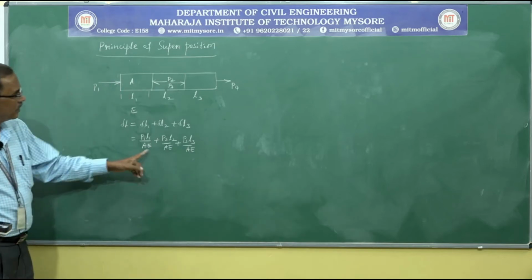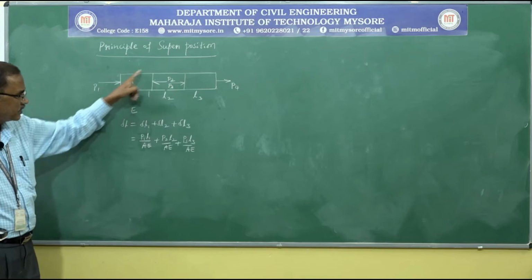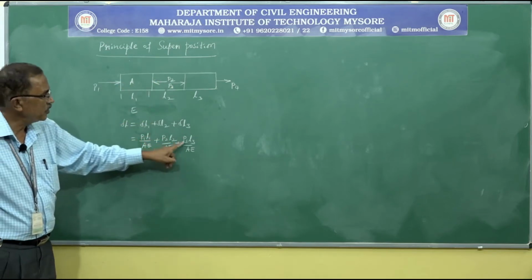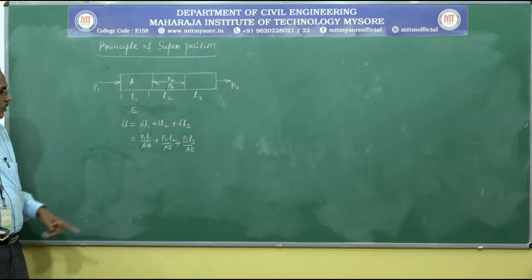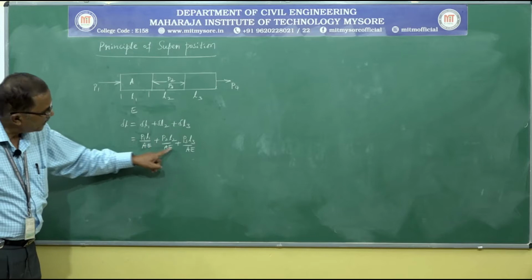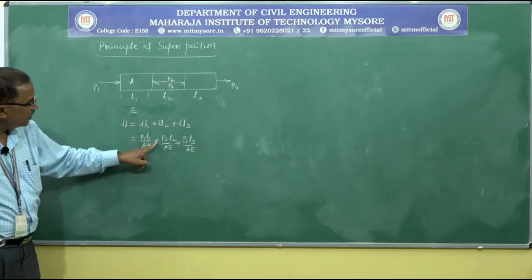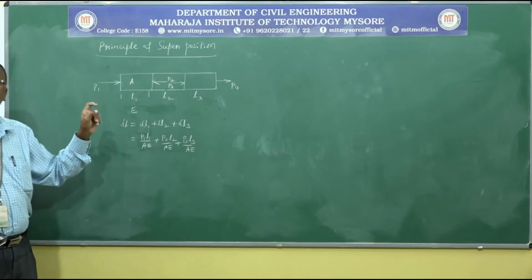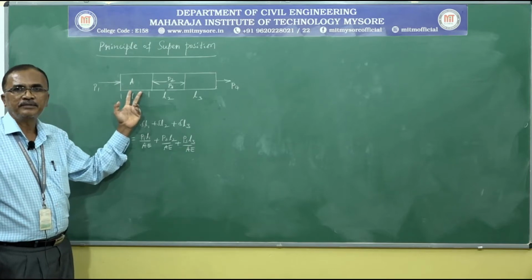Here A and E are constant because the bar is of the same material and the cross-sectional area is the same. The only changes here are the loads P1, P2, P3 and the lengths L1, L2, L3. Of course, I have written this as a general expression, so the sign convention of these expressions will change depending upon the nature of the load the portions are subjected to.